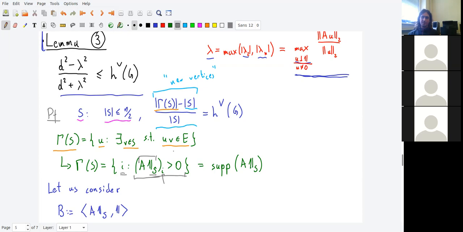This is exactly the idea that I put ones on S, and applying A sends all these ones to their neighbors. So in other words, gamma of S is nothing else than the support of this vector. The support of a vector is the set of indices on which the entries are non-zero. So now we understood gamma of S in algebraic terms as the support of some vector.